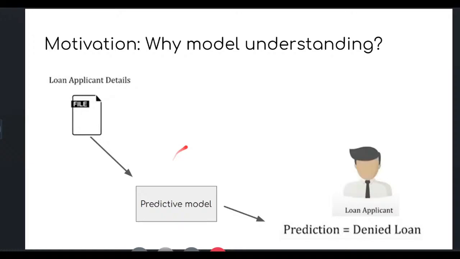Otherwise, if we don't identify them, the decision makers will be doing a bad job, right? If they understand it correctly, they can correct the mistakes or whatever the lackings in the system. Because of this, decision makers like doctors and judges will be the first people to benefit from this application. And we have seen the third application.